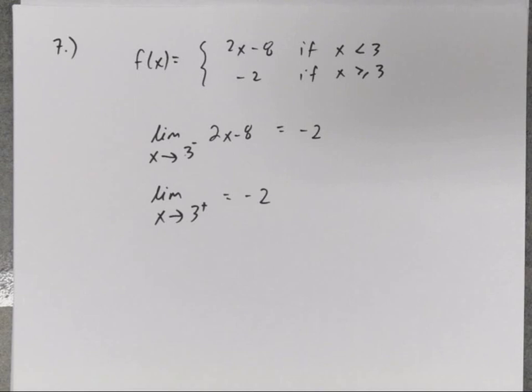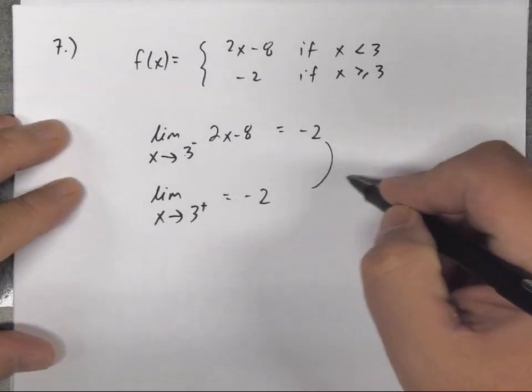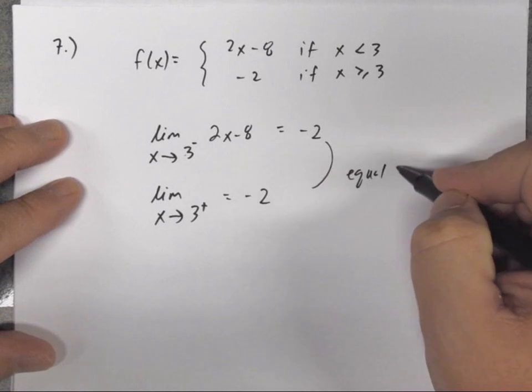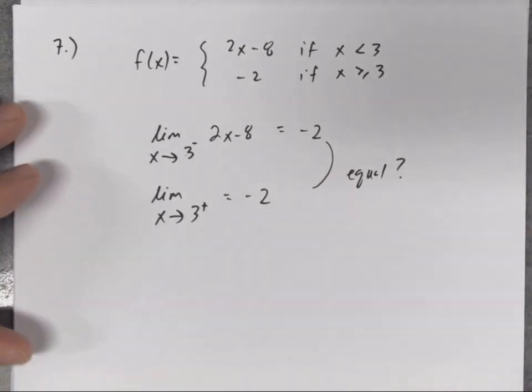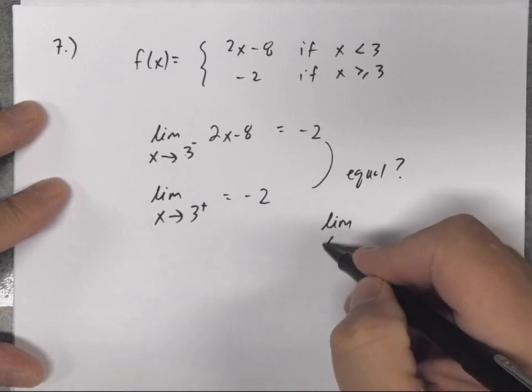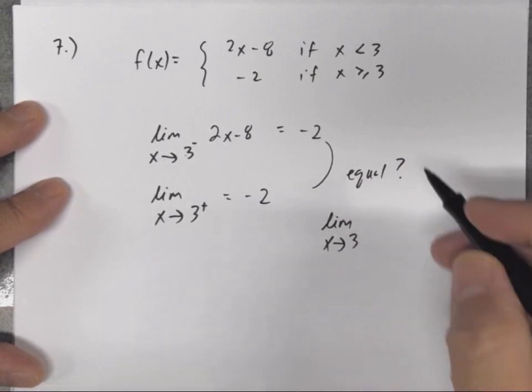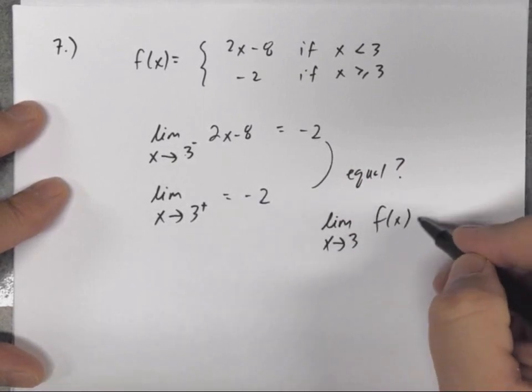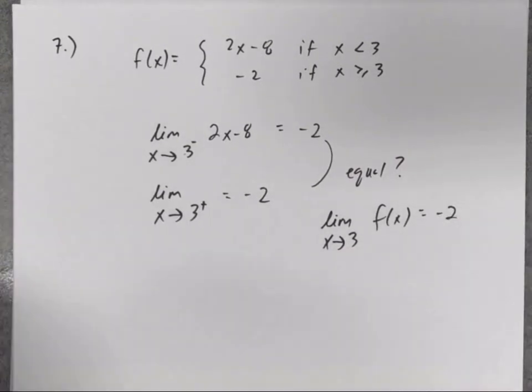So when you take the positive and negative limits, if they happen to be equal, then you can say the limit as x approaches 3 of f of x is negative 2.